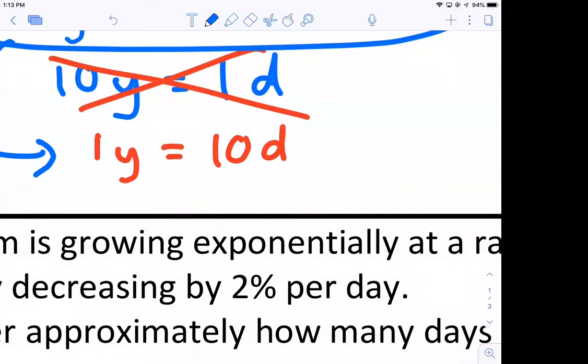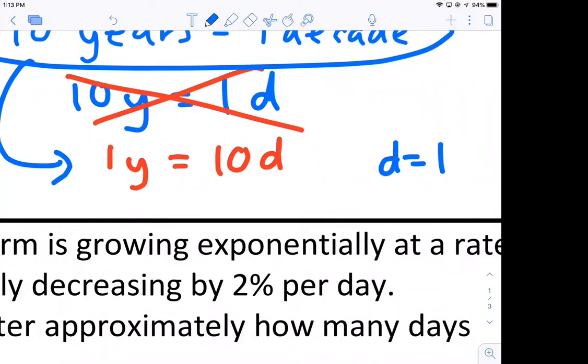For example, if d is equal to 1 decade, then y is equal to 10. If d equals 1, then y equals 10. That's 10 years. Does that make sense? If d is equal to 2 decades, then y is going to equal 10 times 2, or 20 years.